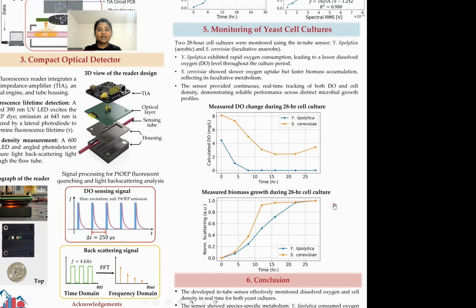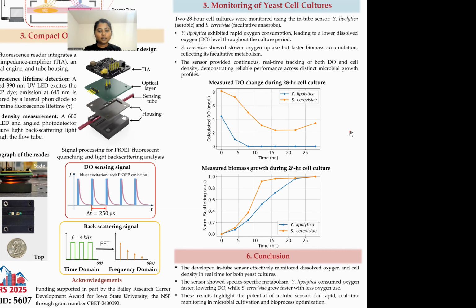This illustrates that our system can provide continuous and real-time tracking of both dissolved oxygen and cell density, demonstrating reliable performance across different microorganism profiles. In conclusion, we show that we have developed a low cost, very compact, and easily integratable sensing system in which we measure both dissolved oxygen as well as cell culture densities.